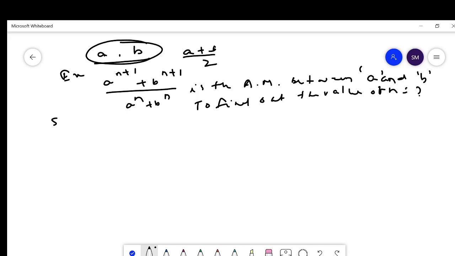Here the question says, then solution. I have already told you, the arithmetic mean of A and B is A plus B upon 2.